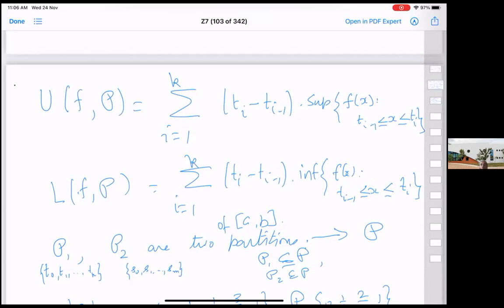Okay. So it is almost immediate that when you refine the partition, upper bounds come down, lower bounds go up. And you can work it out through examples also. Write down a function, write down the upper bounds and lower bounds for one partition, refine the partition, and then check what happens. Okay.